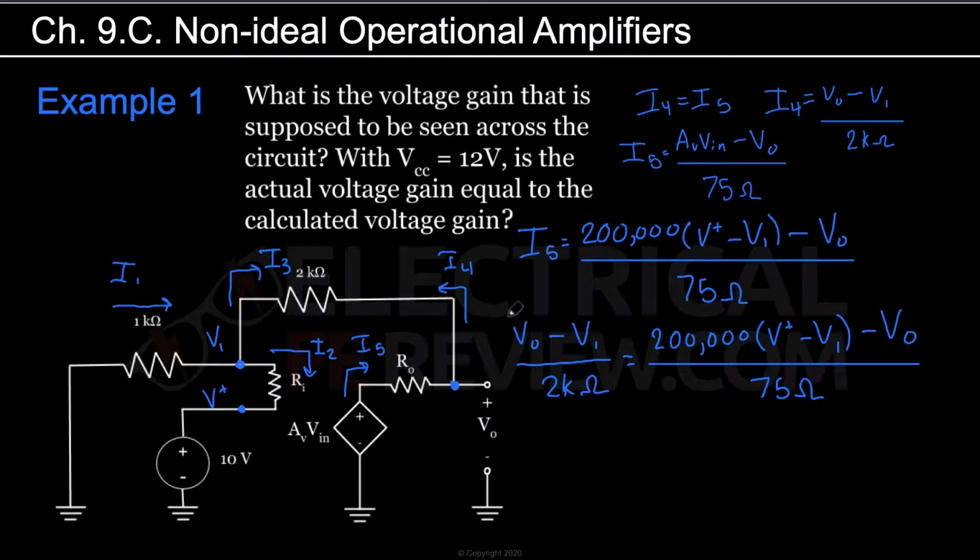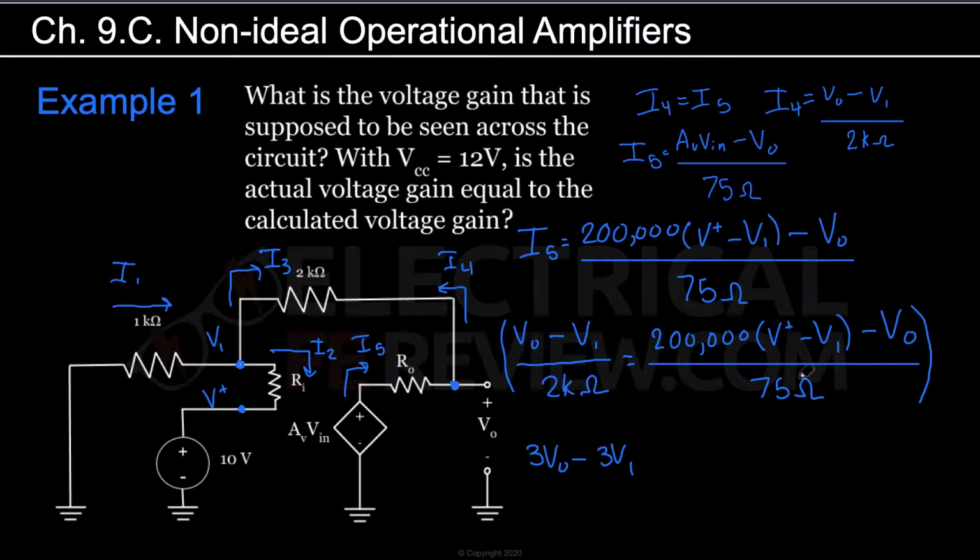So now I'm going to multiply on both sides by a common multiple of these, which would be 6k. If you multiply 6k on this side, you get 6k divided by 2k, which will give you 3. And then you have to distribute the 3 to the V out and the minus V1. So you have 3 V out minus 3 V1.